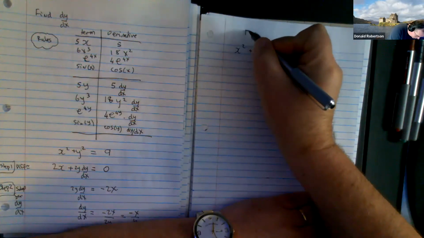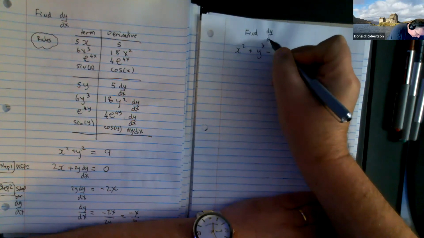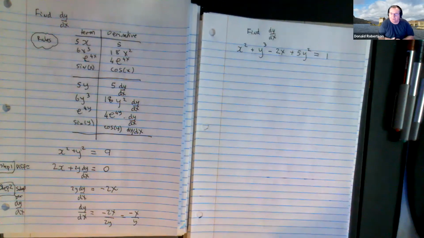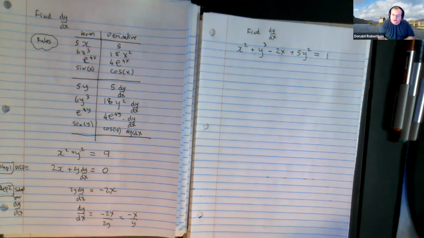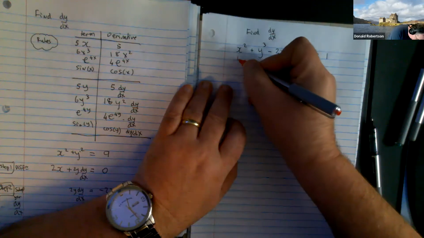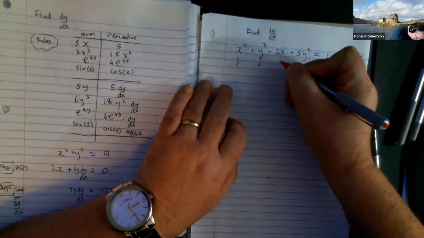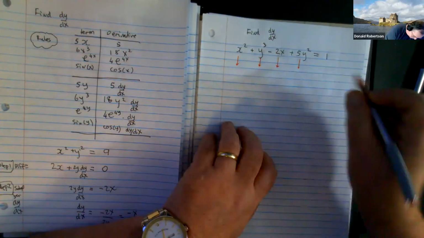Let's pretend the question was, find dy by dx. When you do implicit differentiation, which is what this process is called, your answer is almost always x's and y's all jumbled up. So I'm going to take each of these pieces and differentiate them using the rules that we've talked about.